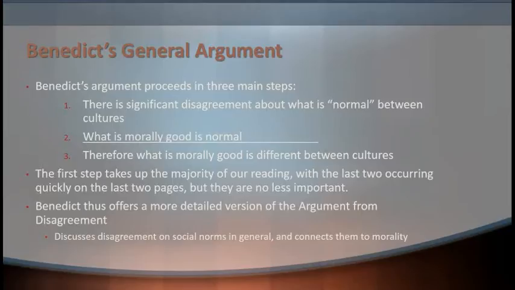She then says that what's morally good is a member of that category. It's part of that thing that we disagree about, and uses that to very quickly and subtly show that therefore we disagree about moral stuff, and therefore what's morally good is different between cultures. What's actually morally right is different depending on what culture you're from.